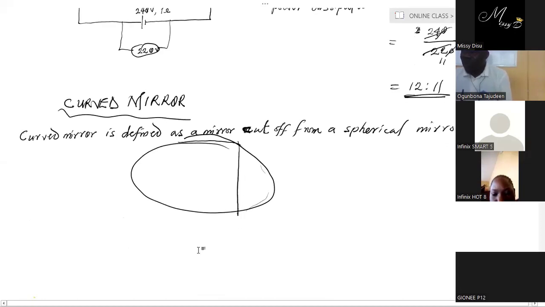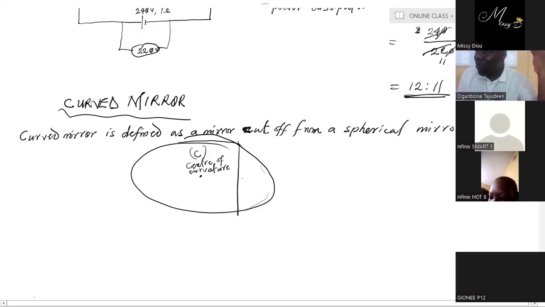Now, the curved mirror is of two types. Before I go there, here is the center of the curved mirror. It's called center of curvature. It's not the center of the curved mirror, it's the center of the spherical mirror.